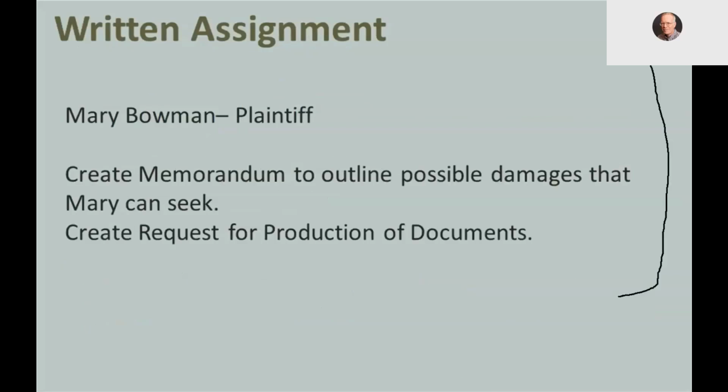So we're going to outline possible damages. And where do you find out about possible damages? Text and module lesson content, list of damage types. If you think that a damage type might apply but might not, what might you do with it?